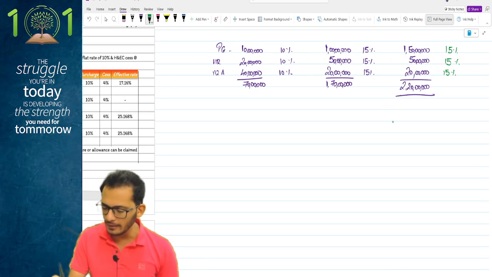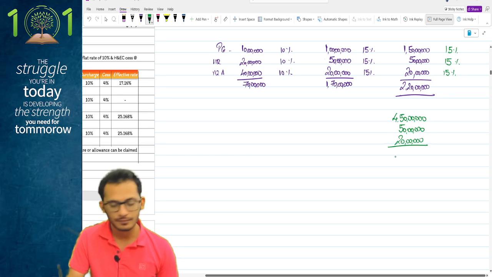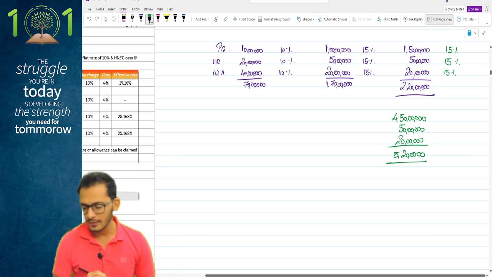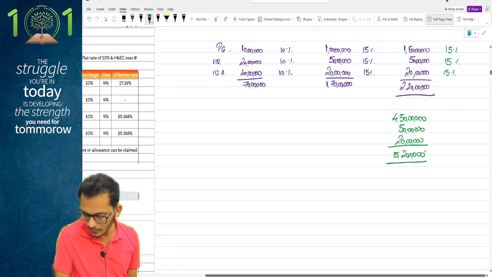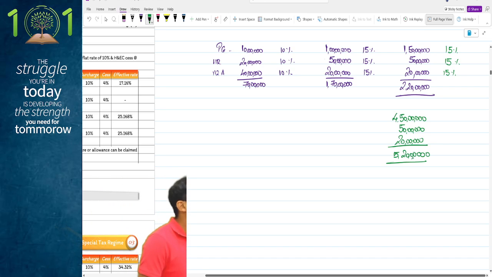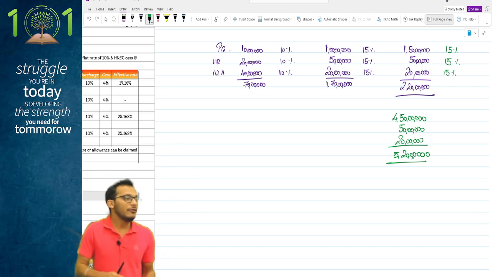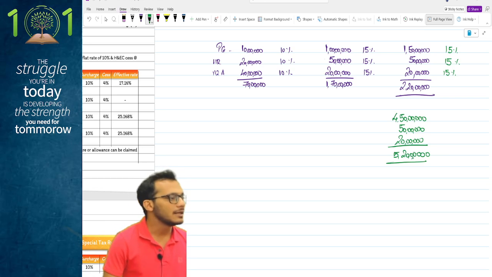I am giving you another example. I am coming and saying, Rahul, my PGBP is 4 crore 50 lakhs. My LTCG 112 is 50 lakhs and my 112A is 20 lakhs. My total income becomes 5 crore 20 lakhs. Rahul, if I look at my total income, it is 5 crore 20, which means I'm liable for surcharge of 37%.